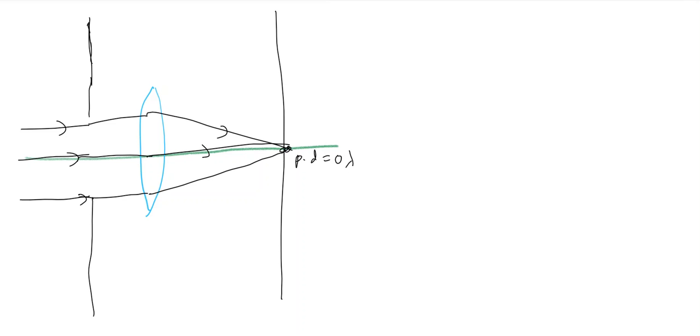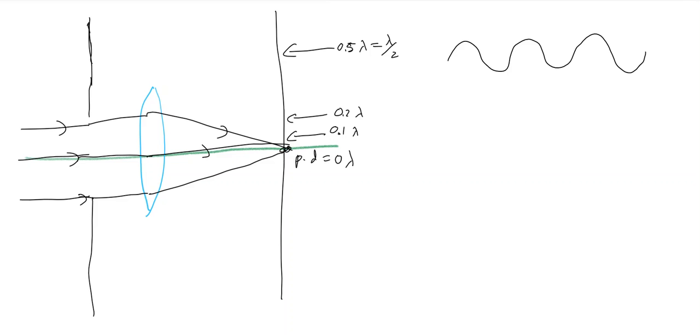Now this also indicates that if you go further up, you are creating path difference. It will not be 0 lambda, it may be say 0.1 lambda. Further if you go, it may be 0.2 lambda. So there must be some point where path difference becomes 0.5 lambda, or lambda by 2. And what if the path difference is lambda by 2? If the path difference between two waves is lambda by 2, consider this situation.